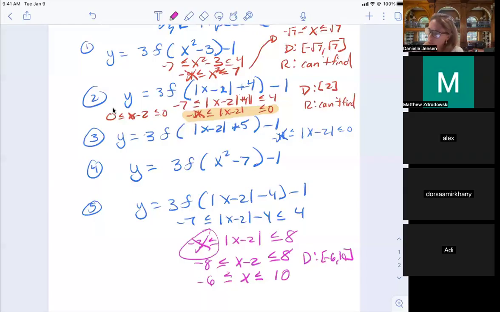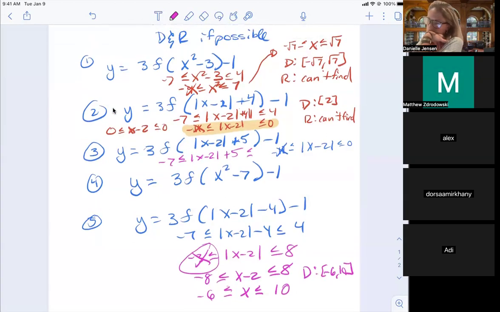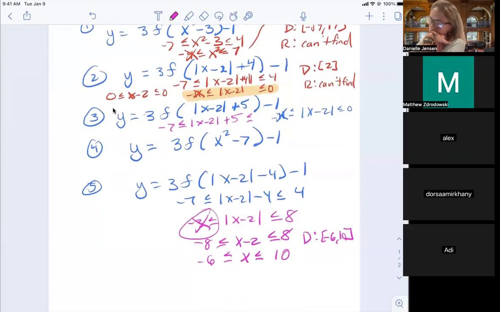Okay. Third one here, absolute value of x minus 2 plus 5. So -7 to, what was the other one I had it between? The original, sorry, I'm losing my screen. -7 to 4. Okay. Now what?